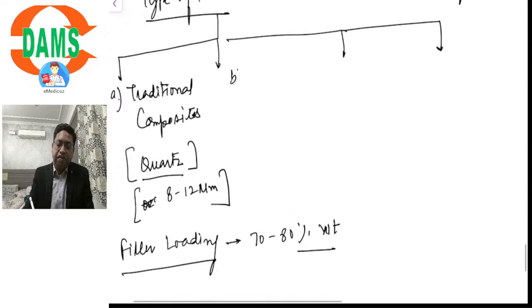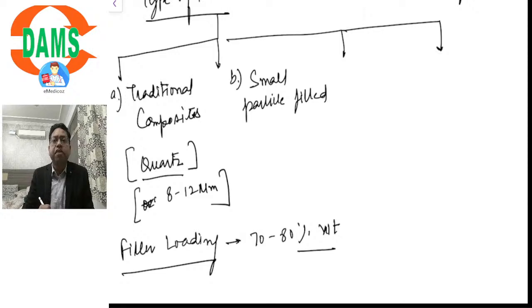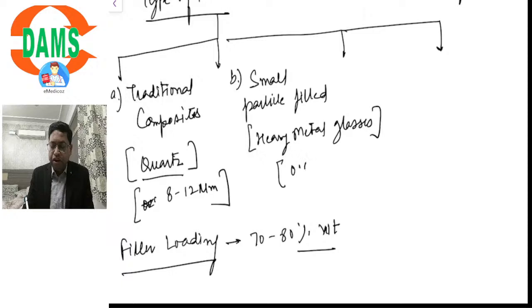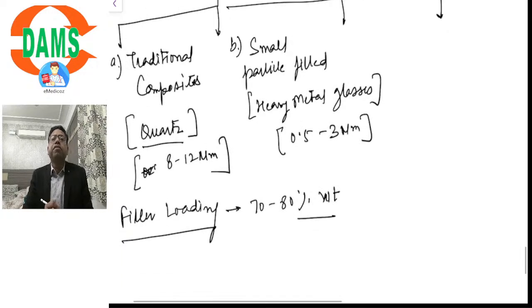Then we have small particle filled composites. What type of fillers are present in them? They are heavy metal glasses like barium, strontium, zirconium. But these particles are quite small, 0.5 to 3 micron in size.